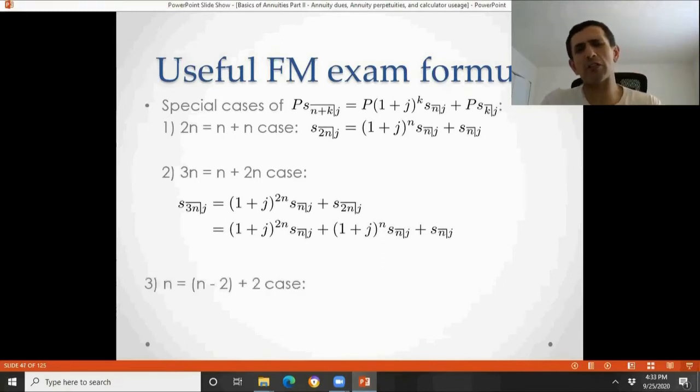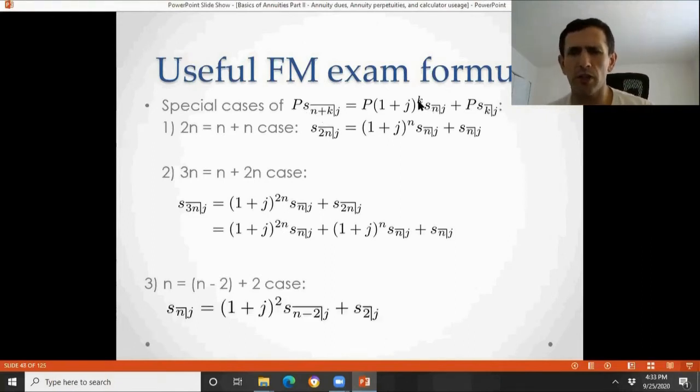And last but not least, K equals N minus 2. Replacing N with N minus 2 in the left-hand side gives me (1 plus j) to the N minus 2. Rather, sorry, that's fine.